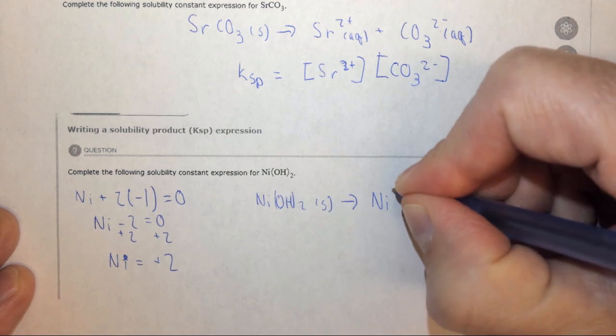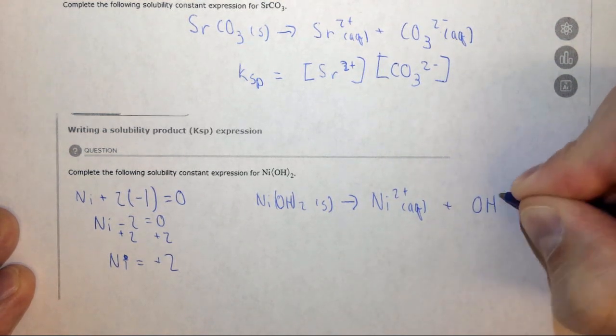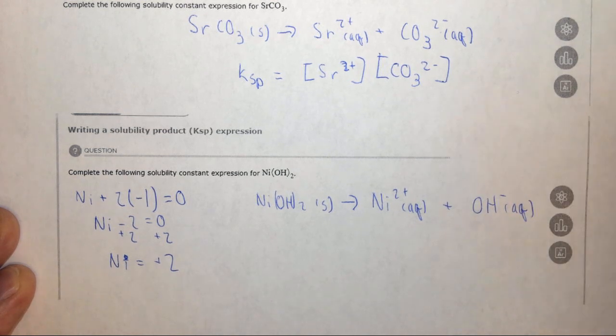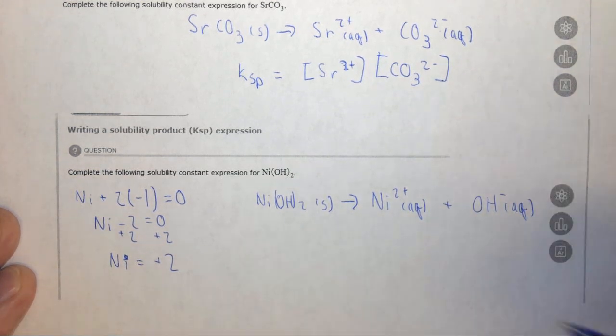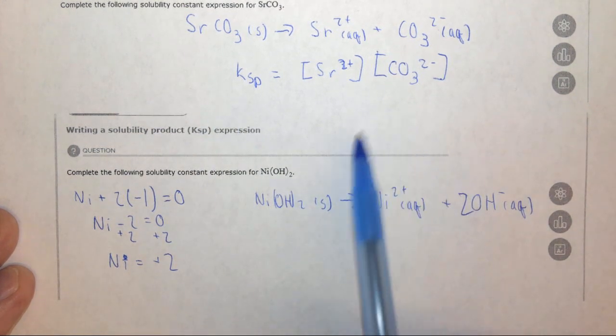So what do we get? We get Ni2+ aqueous plus OH- aqueous, and because it's 2 hydroxides, we need a 2 here. The Ksp is very similar.